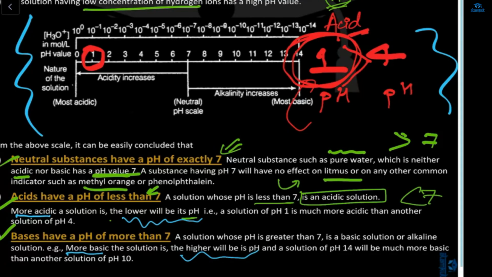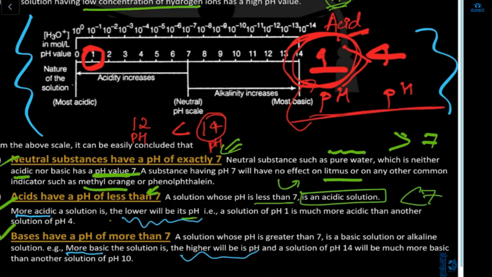And on this side, if I ask you whether 12 is more basic or 14 is more basic? 14 is more basic. So the higher the basic, the pH value will be high. 14's pH value is more than 12. It means the higher the basic value, the higher the pH, because 14 is greater than 12.